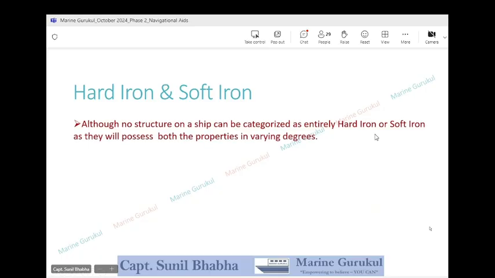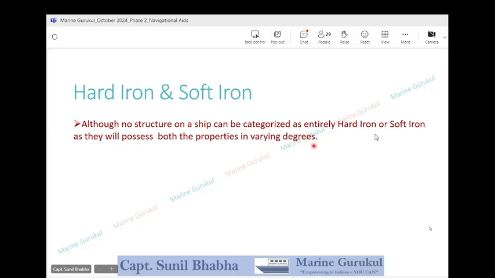So going a little further into hard iron and soft iron, no structure on the ship can be categorized as entirely or 100% a hard iron structure or a soft iron structure, because any structure on board a ship will possess both properties in varying degrees.